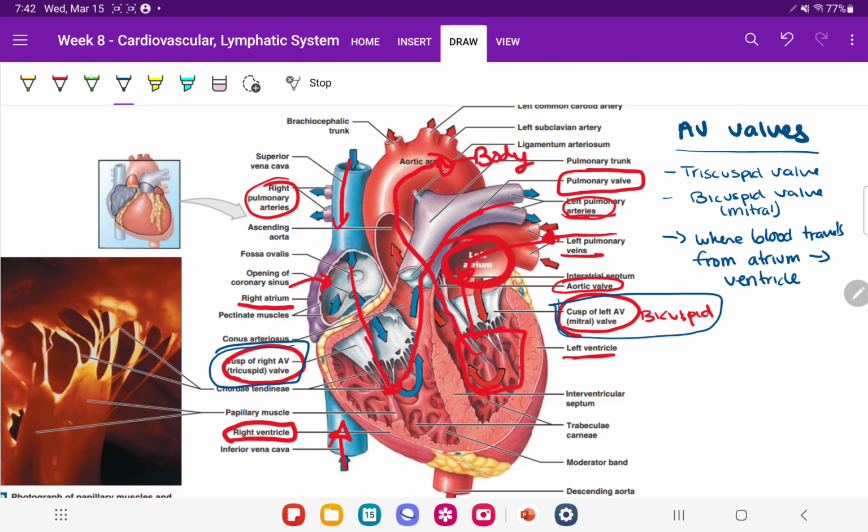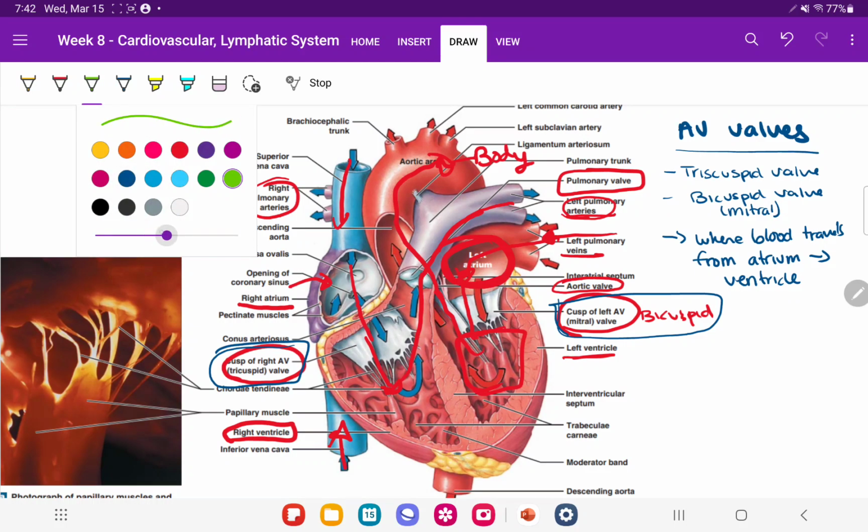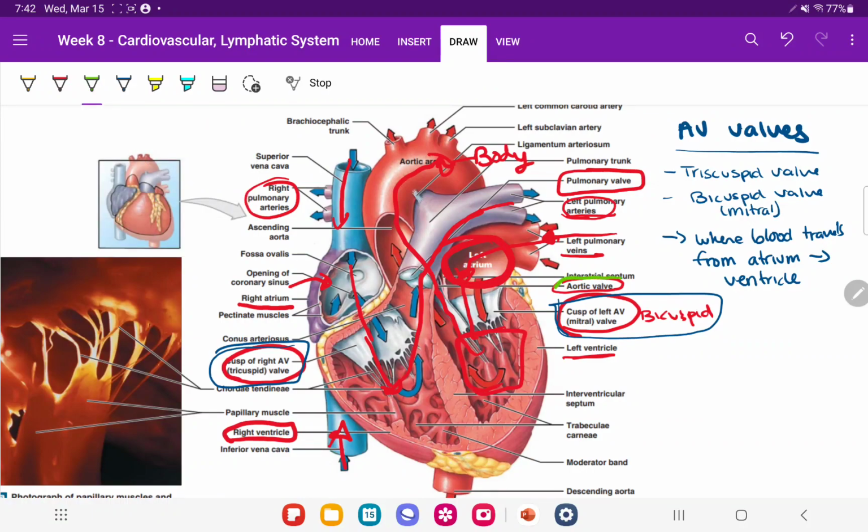So remember that. We also have these semilunar valves, which are the aortic valve and the pulmonary valve. These are the semilunar valves.